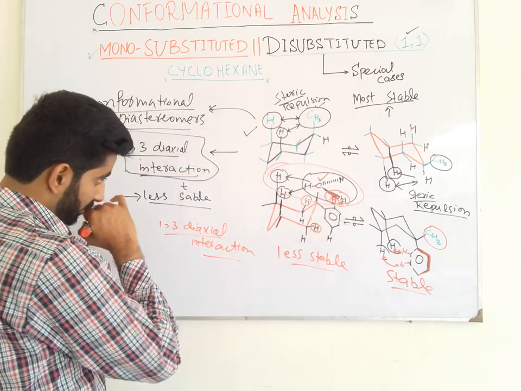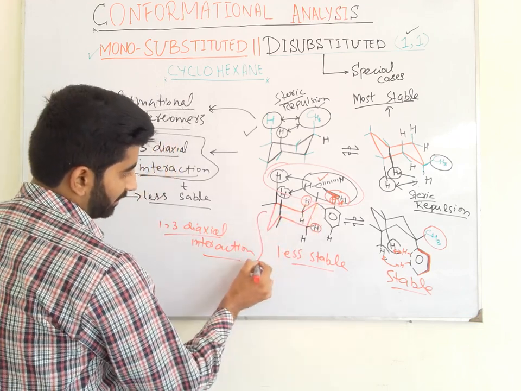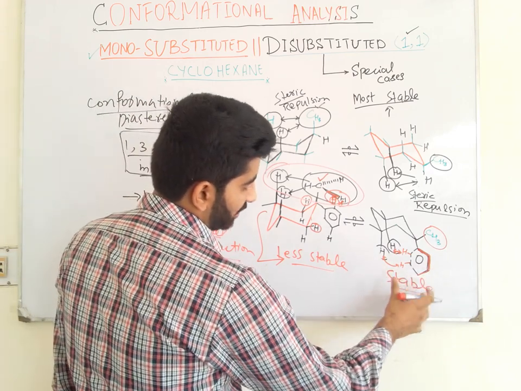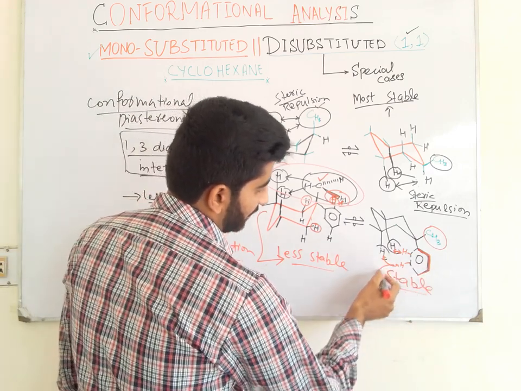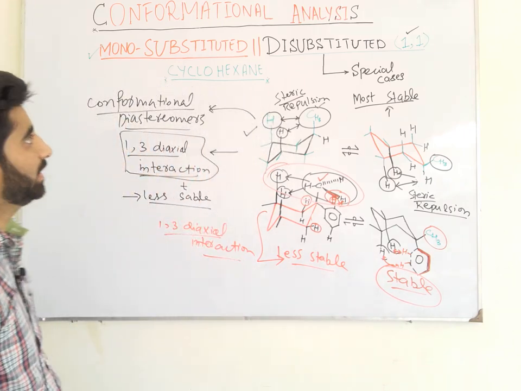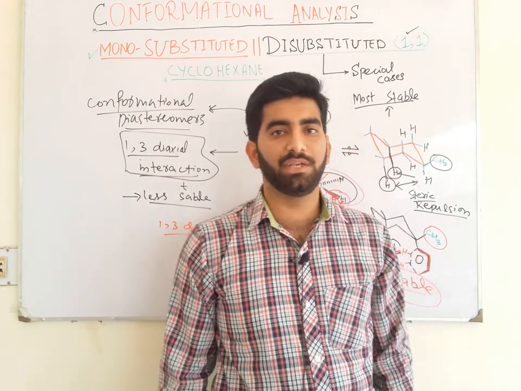So due to the large steric repulsion, this conformation is less stable, and due to the absence of the steric repulsion, this conformation is the most stable conformation. So this is all about the conformational analysis of the monosubstituted and 1,1 disubstituted system.